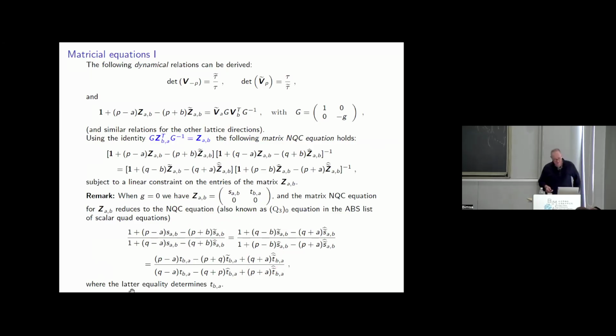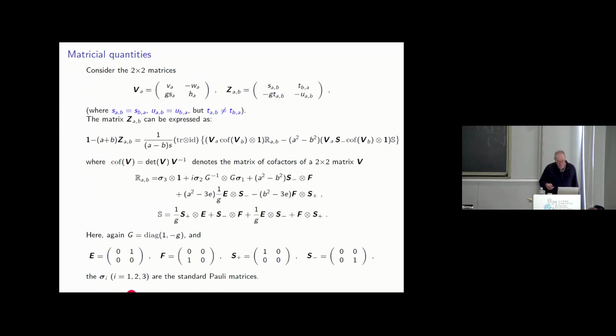So this elliptic KdV system is in some sense a reduction of the 2x2 matrix system, but it's not a simple reduction because there is this condition on the relation between these Z quantities and these V quantities where the curve appears. So it is a very particular type of reduction. We don't know yet how to characterize that reduction.